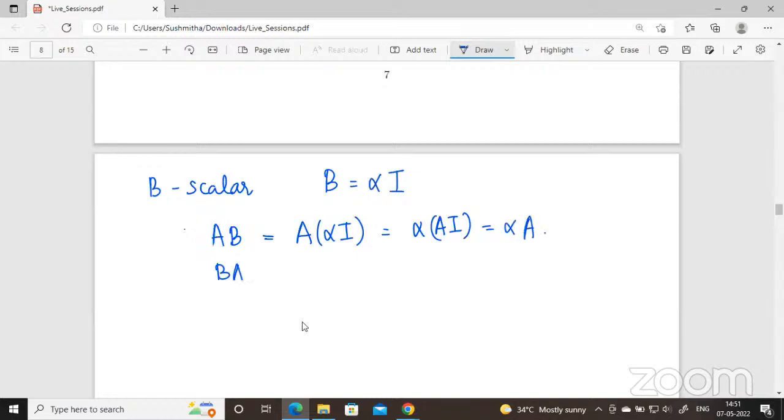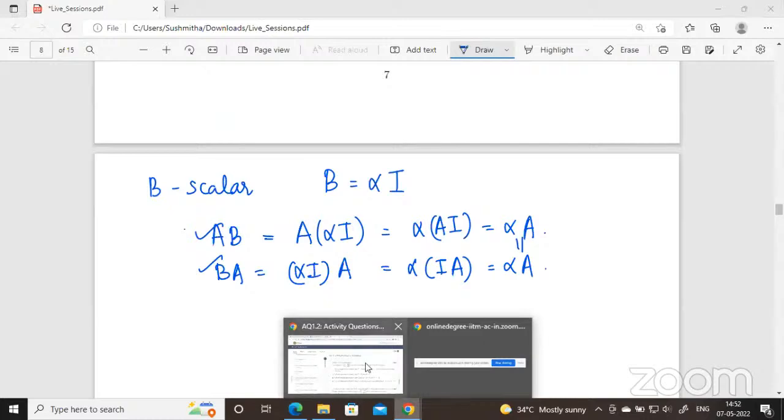Okay. What is BA? Alpha I A, so alpha times IA, alpha A. So these two are equal, right? So without the ABCD stuff, this is a simpler way of proving it. Is this clear to everyone? Clear. Yes, ma'am.